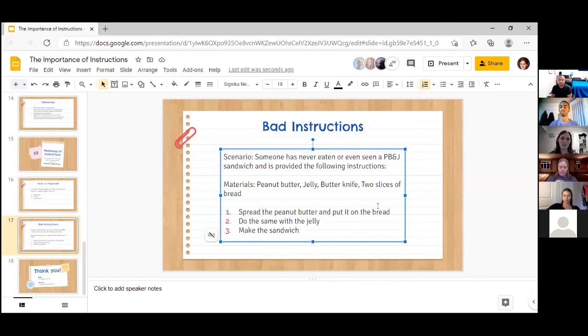You get no context clues at all about it. So maybe a better way to put it would be to spread the peanut butter on the flat side of one of those slices of bread so that the person doesn't try to put it on the top of it or something.